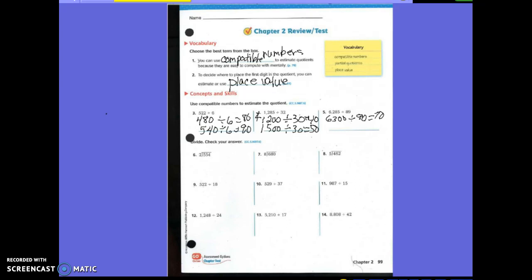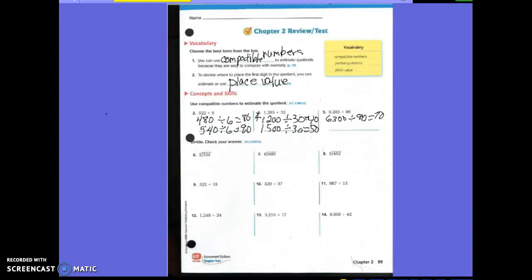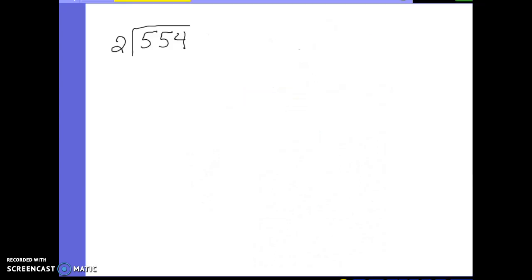Okay. Divide, check your answer. When they say check your answer, what do they mean? Multiply to check. Okay, so 554 divided by 2. Here we go. How many 2's in 5? 2.